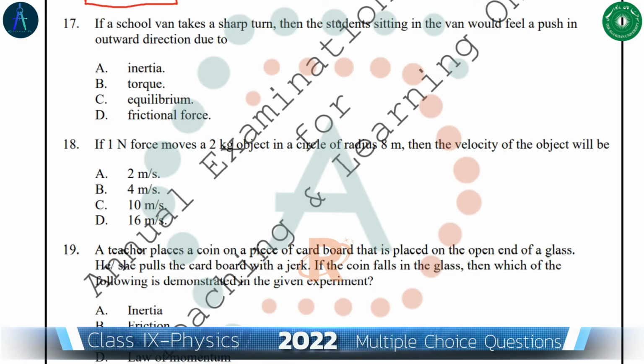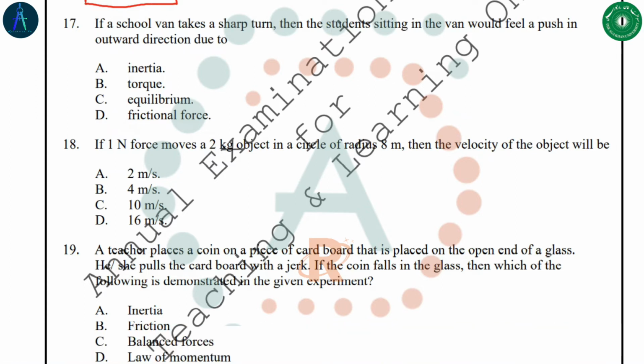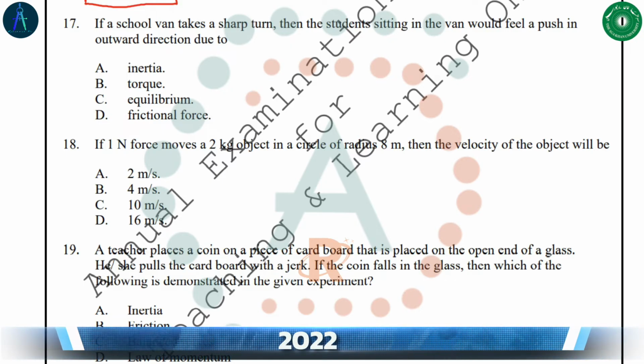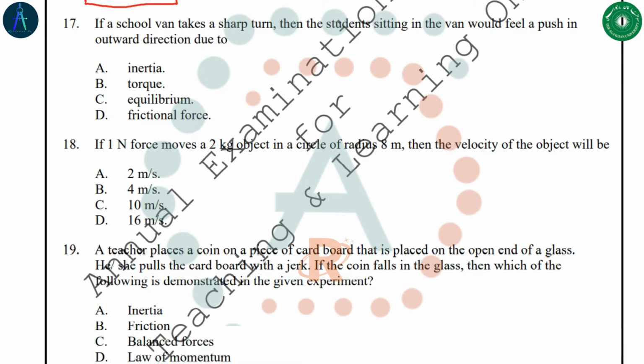A school van takes a sharp turn, then the student sitting in the van would feel a push in the outward direction. Similarly, whenever a car or vehicle starts moving, the person sitting inside the bus will feel a push or jerk in the backward direction. Or suddenly, if a vehicle applies the brake, then the person sitting inside that van or bus will feel a jerk forward.